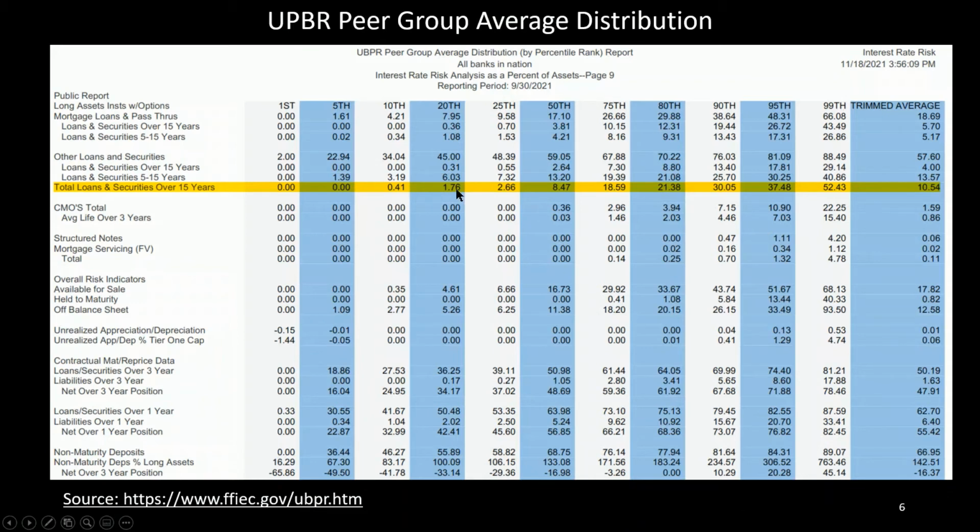And now, as we look at the disparity of financial institutions' weight on fixed income assets, we look here at the UBPR, where we show total loans and securities over 15 years. The median is about 8% of the balance sheet in those fixed income assets.